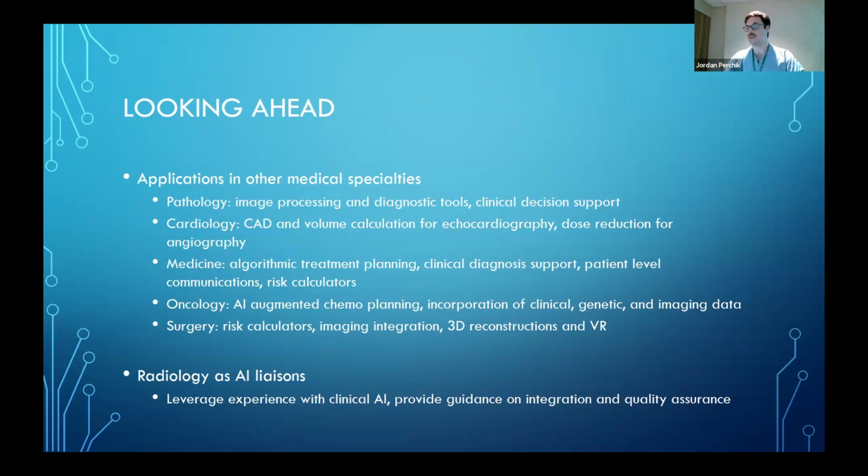For pathology, that would be a pretty natural fit compared to radiology. We have a lot of image processing. We have a lot of diagnoses: cardiology, medicine, oncology, surgery. All of these have had significant increases in research and publication in the past 20 years. So there's a lot of reason to be excited across the board.